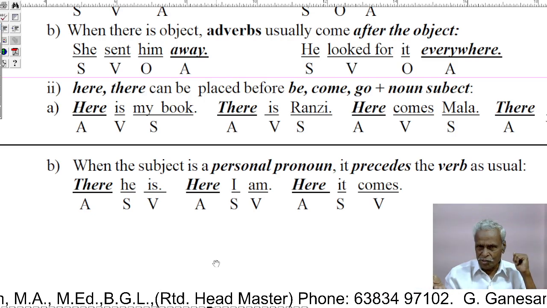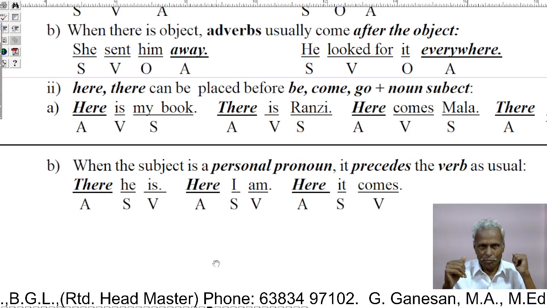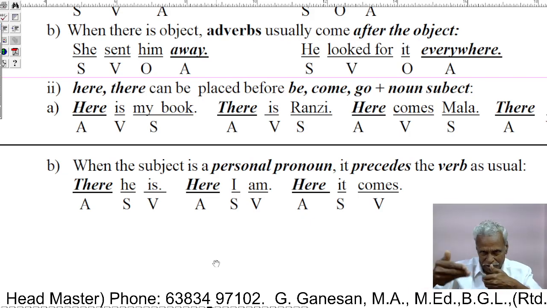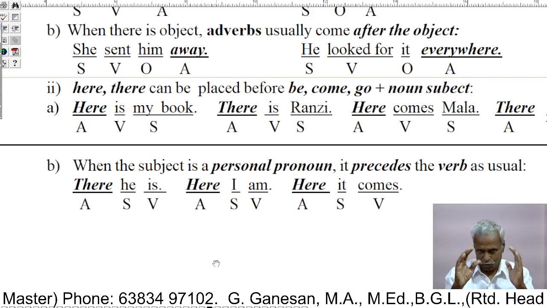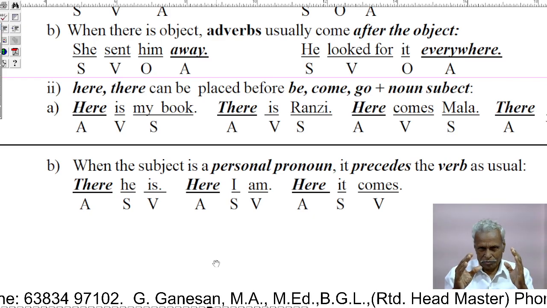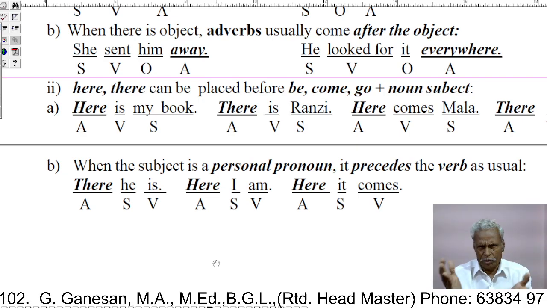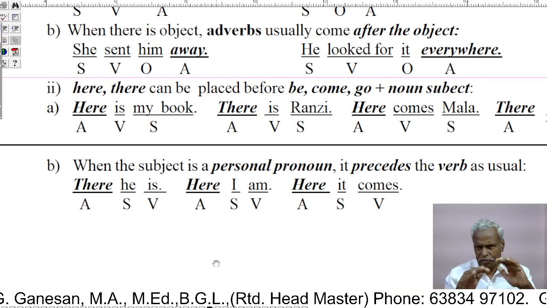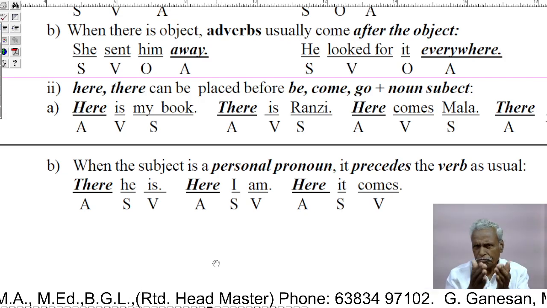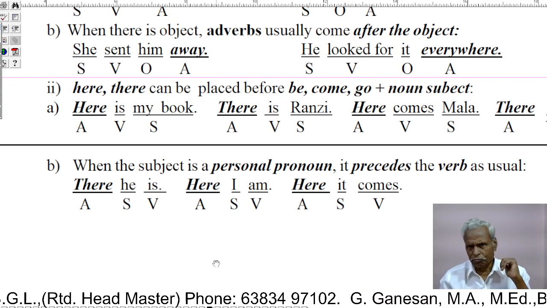In the next sentence, there is Ronnie. When the subject is a noun, a proper noun, it is a noun. In the pattern of here and there, when the adverb is used, the subject can be placed at the end after the verb.